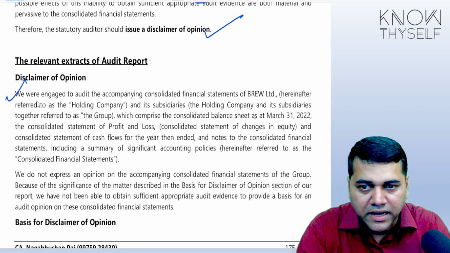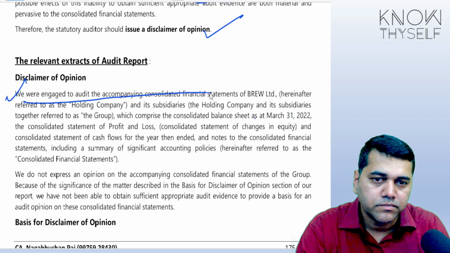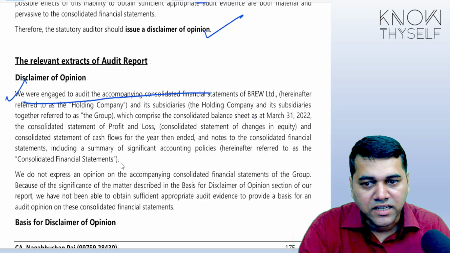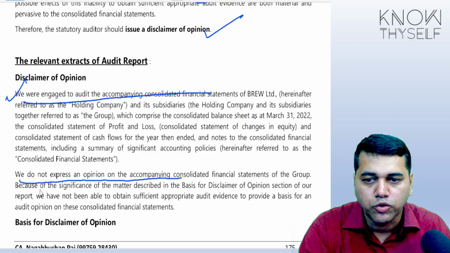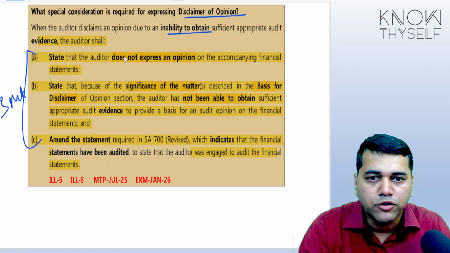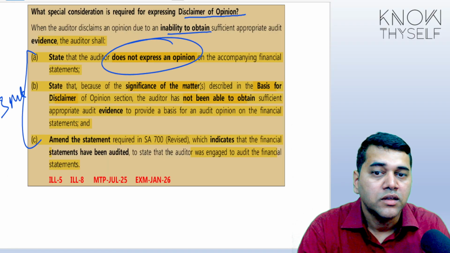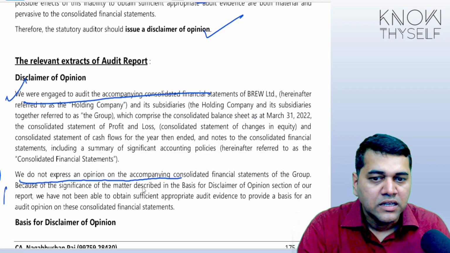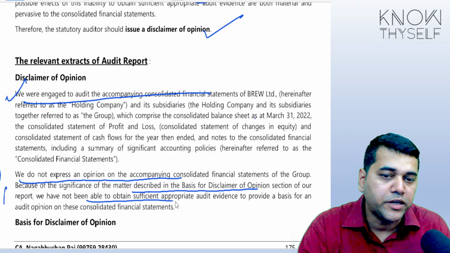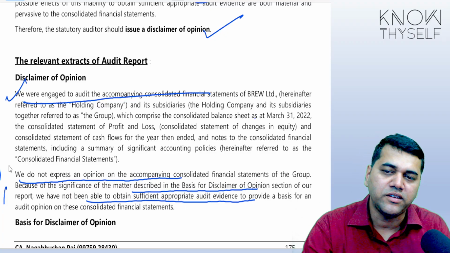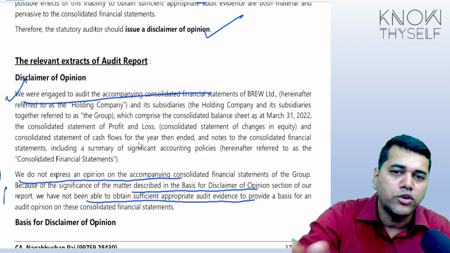To write this para, you will fetch 1 mark. Second, we do not express an opinion on the accompanying financial statements of the group. 1 mark. You see, we do not express any opinion. Reason why? Because of the significance of the matters discussed in the basis for disclaimer of opinion, we have not been able to obtain sufficient appropriate evidence. See, 3 marks you are going to get from this.